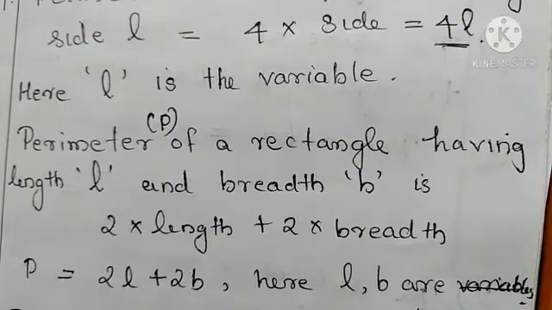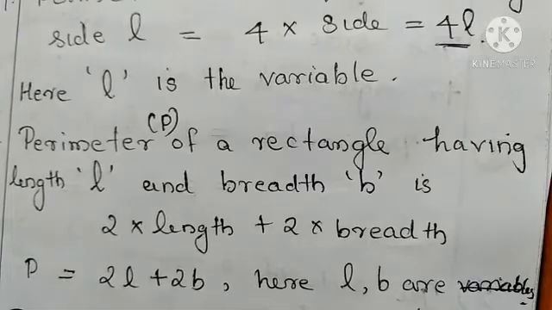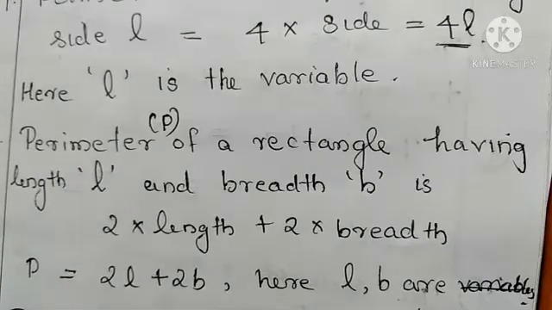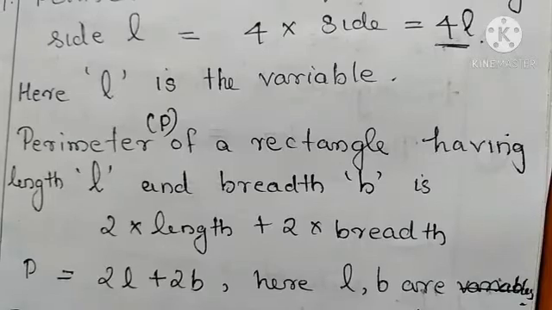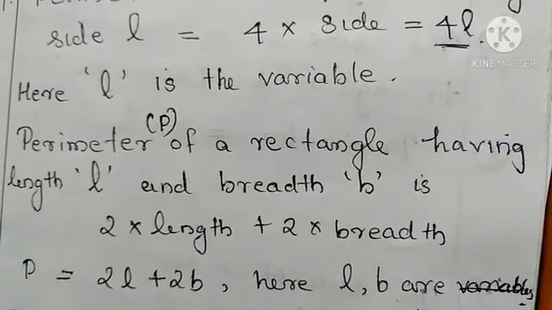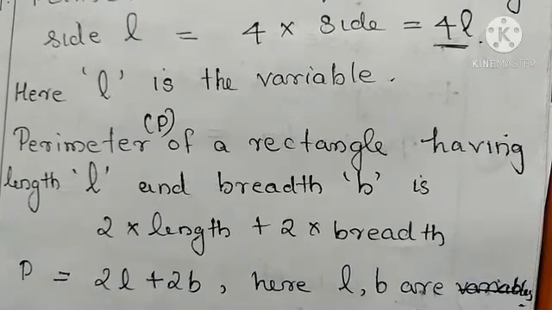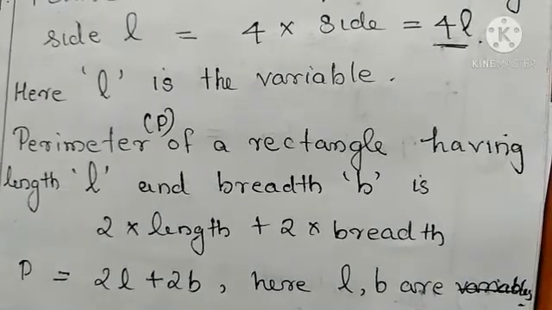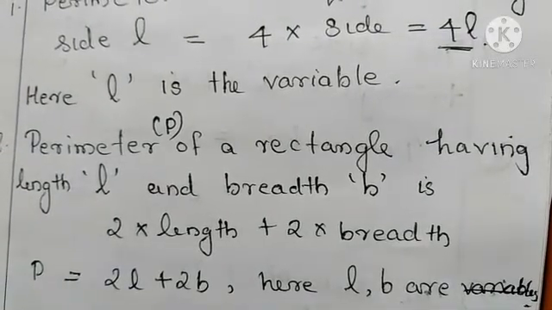Here L and B are the variables and we can assign any value to L and B. For different lengths and breadths of different rectangles, we can find the perimeter using this formula. Actually, this is an application of algebra. You have learned this formula in smaller classes. Actually, it comes from the concept of algebra. Understood?